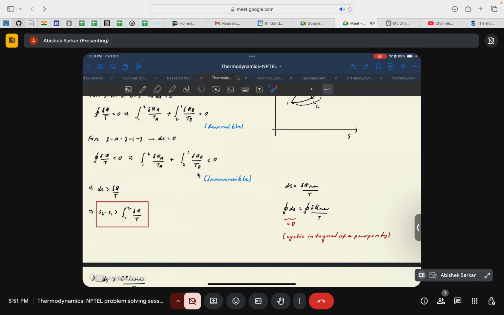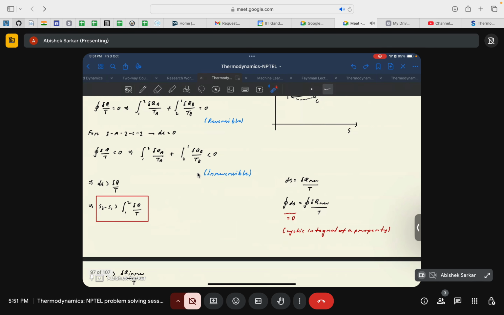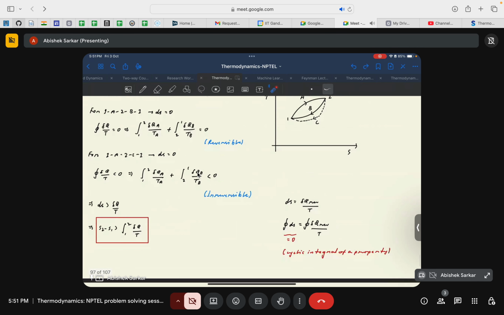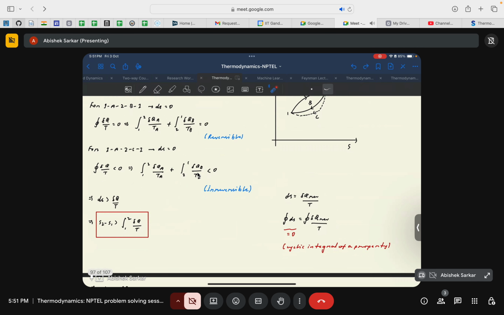So now if we integrate it, not a cyclic integral but a general integration from say point 1 to point 2, then we can write the change in entropy, that is S2 minus S1, is greater than the integral of del q by T from 1 to 2. So this is again one of the important equations you need to remember.